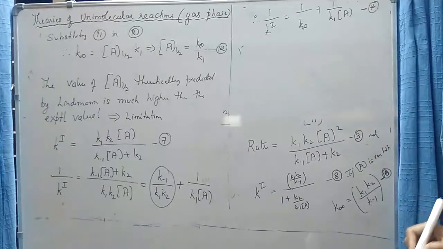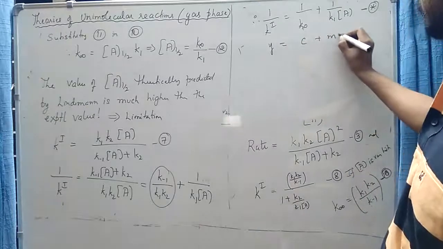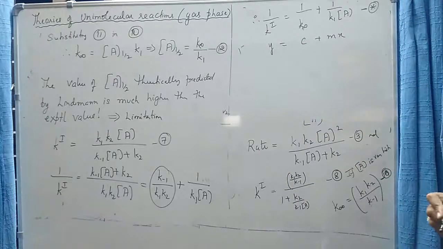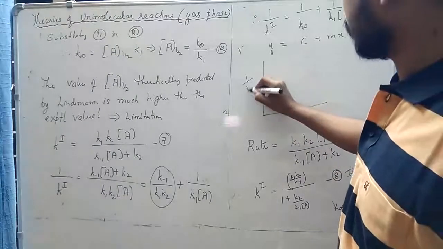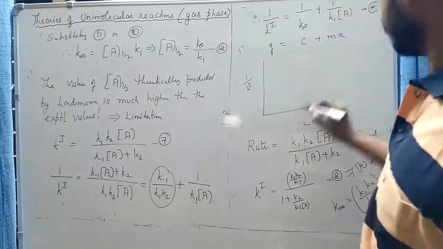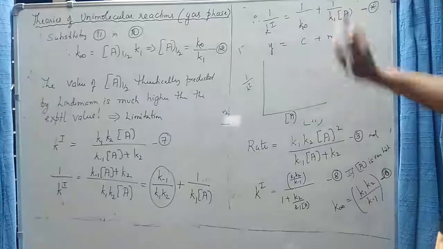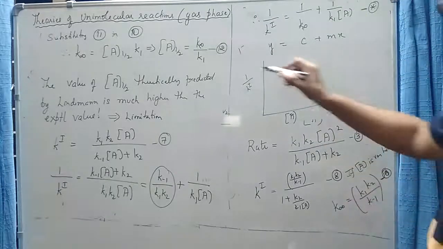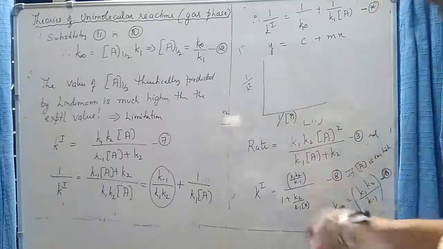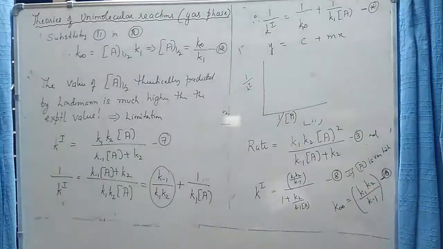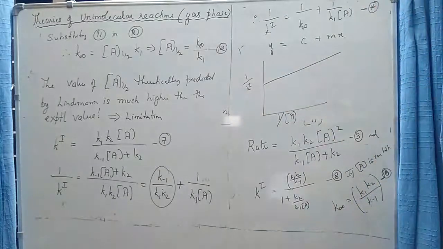Now this equation is of the form y is equal to c plus m into x. If I plot a graph of 1 by k1 versus 1 by a, because these two are the variables involved here and the rest are constants, we should expect a straight line according to Lindemann.